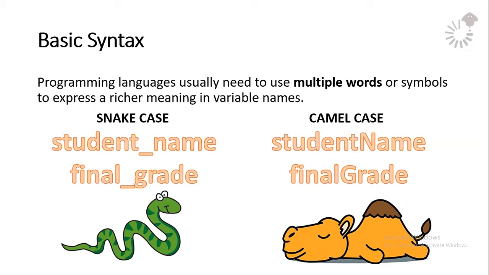But in the programmers community, snake case is used in Python programming and camel case is often used in Java programming. Ma'am, I like camel case, I'm more used to it. It's okay. If you want to use camel case in a Python program, that's fine. Or any program, C, Java, Python, C++.